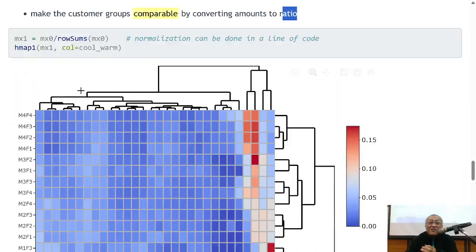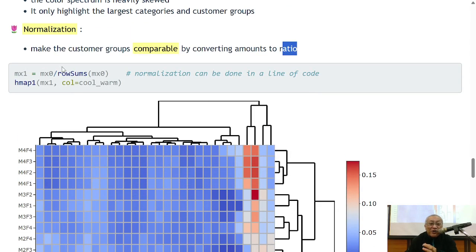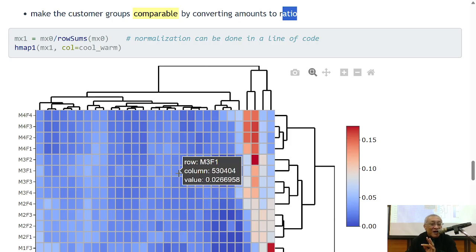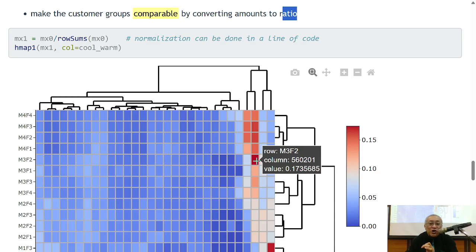Okay, and in this matrix, after I do the normalization, it's no longer the amount, but the percentage of money that a group, for example, M3F2, spend 7% of their money on 560402, okay, and they only spend less than 0.1%, 0.2 actually, of their money on 470103, right?